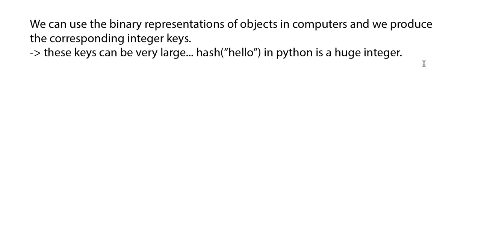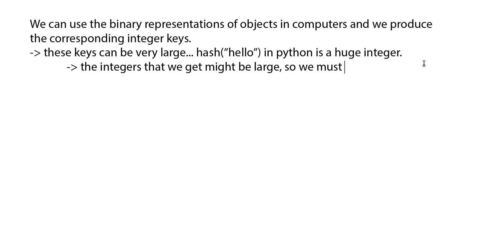Well, the integers that we get might be very large, so we must have some way of mapping. We must map the large integers to the range 0, 1, and so on until m-1.